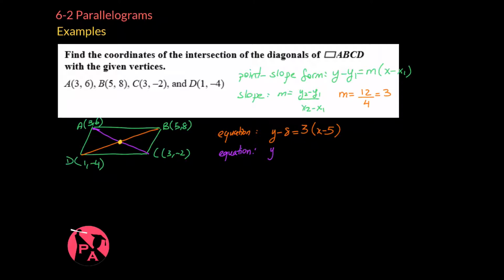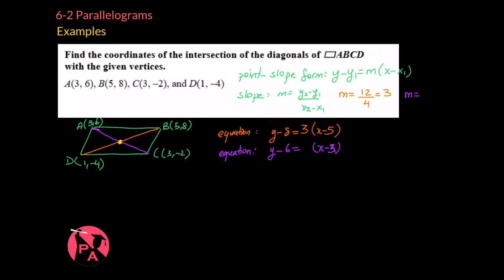So it would be y minus y1, right? Let's figure out what y1 is. It is this point. We could use negative 2, but I don't want to deal with negative numbers. So I'm going to do y minus 6 equals the slope, which we don't know yet, times x minus x1, which is 3. So let's find the slope.